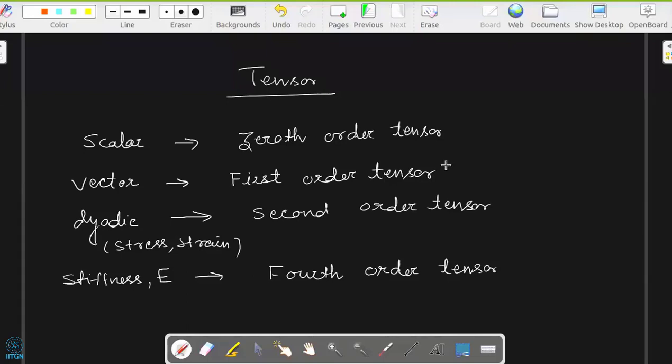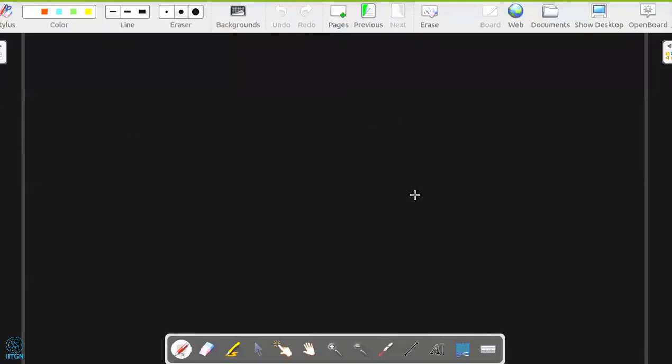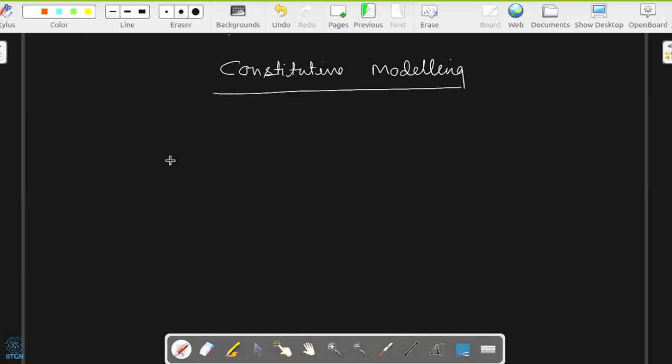Now I will come to the constitutive modeling. What is this constitutive modeling? When you are applying some load on a body, then what will happen? Because of this load, you are observing that deformation is occurring.